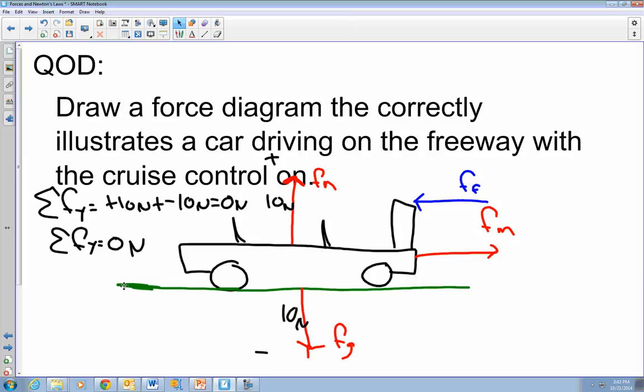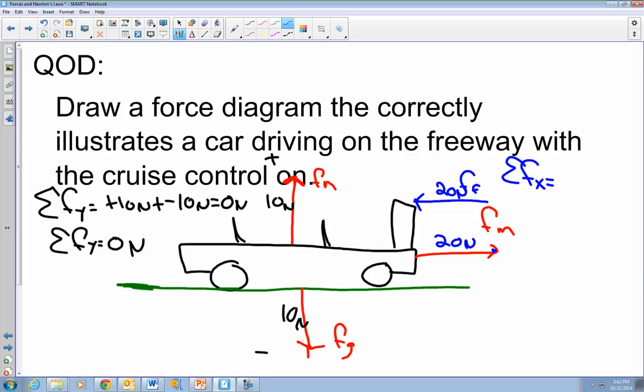Now let's take a look at my x direction. So if I take a look at my x direction over here, and I want to add up everything that's happening force-wise in my x direction, I see that I have a frictional force here in blue and a force from the motor here in red. My arrows look like they're equal in length, but they're pointed in opposite directions. So let's just call this 20 newtons forward and 20 newtons backwards.